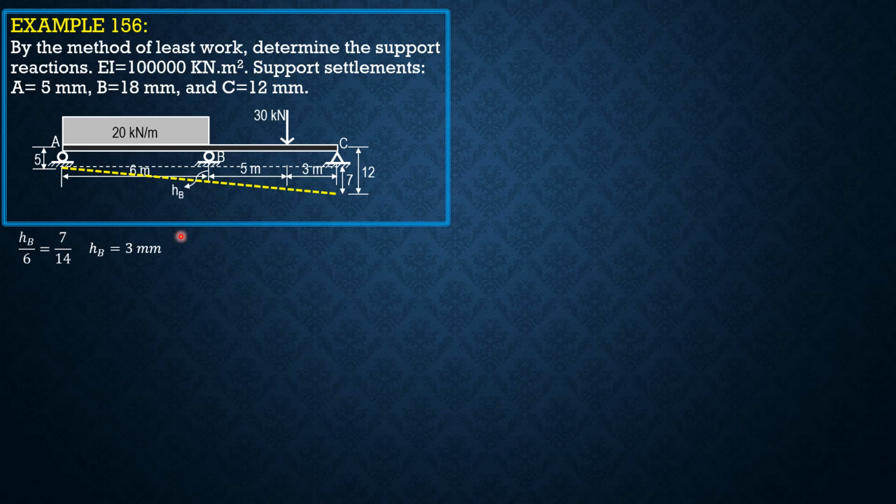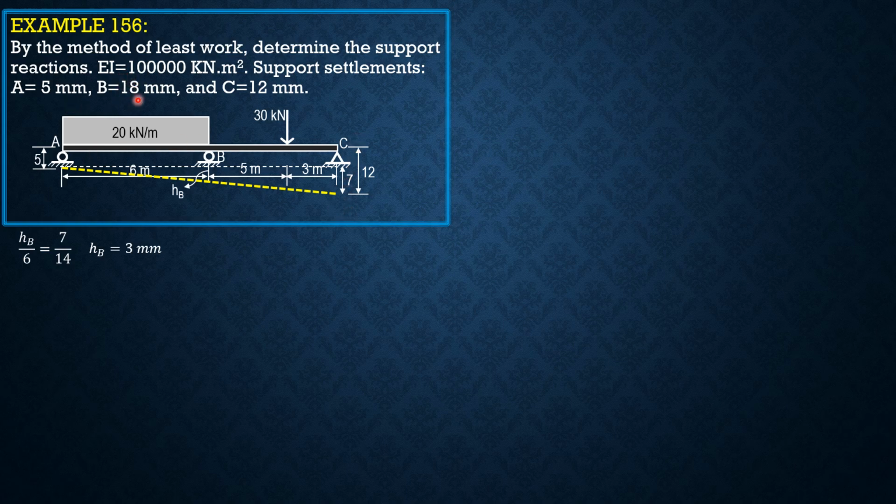Therefore, this total distance from support B to this yellow dashed line is 8 mm. Should the displacement at B be 8 mm, then there's no effect. The displacements will have no effect because they have proportional settlements, as if they are just on the same horizontal plane.